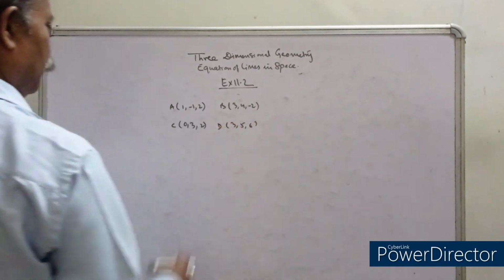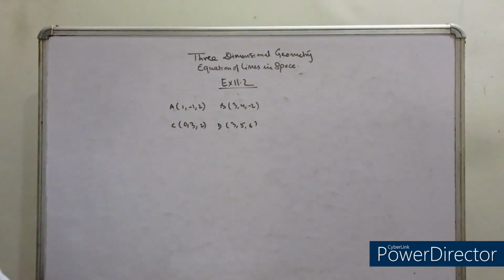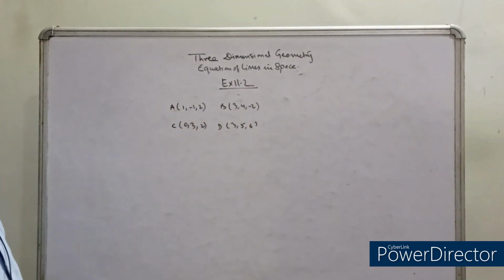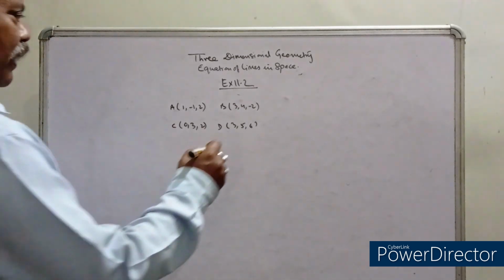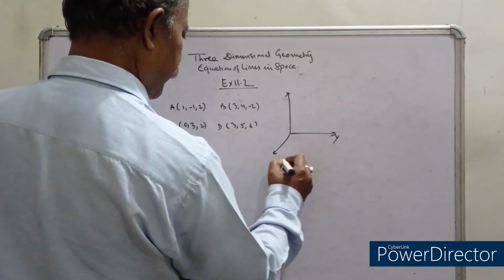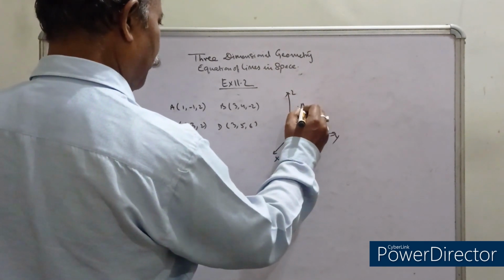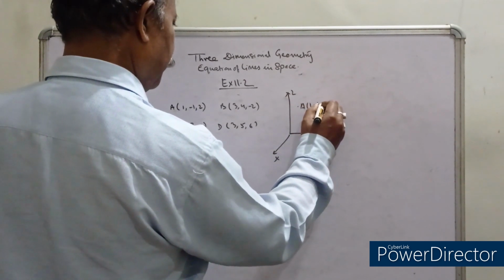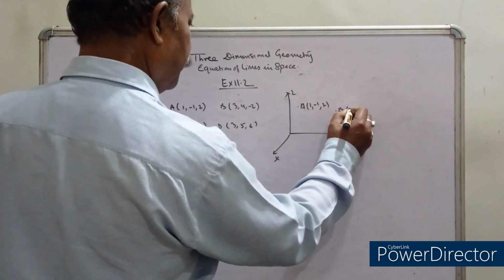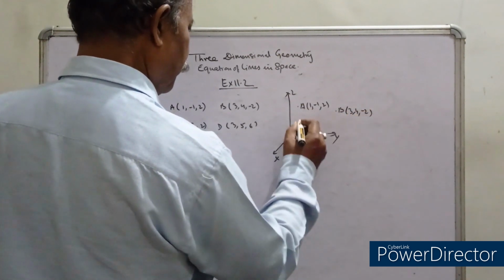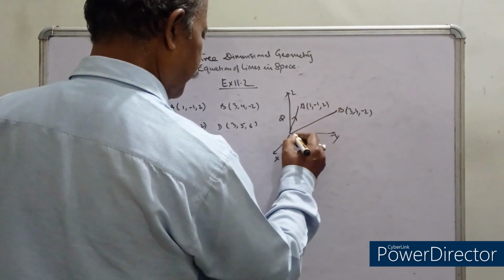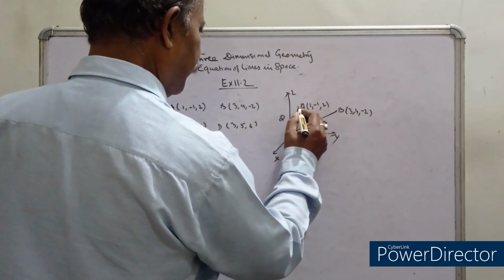You have to show that the two lines passing through these points are perpendicular to each other. A is the position vector of A, B is the position vector of B, and this is AB.